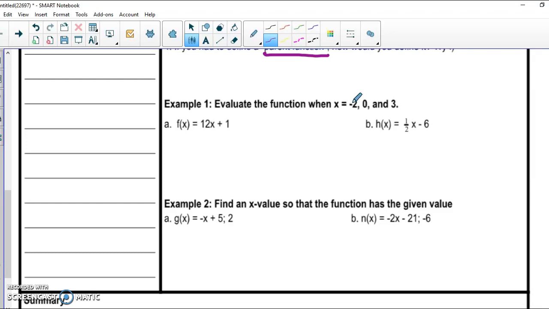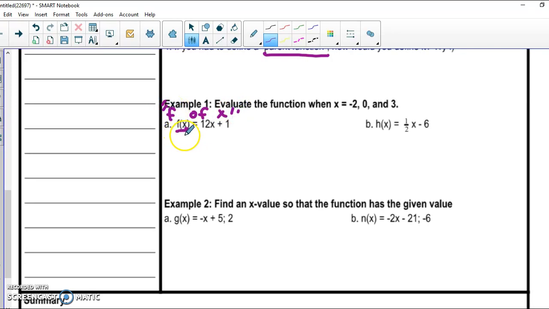When we write a function, we use the letter f, and then in the parentheses, we use the variable that it is a function of. So we would read this part right here as f of x. That's literally how we would read that.